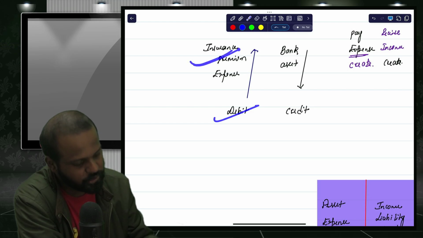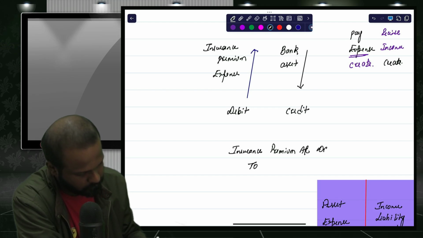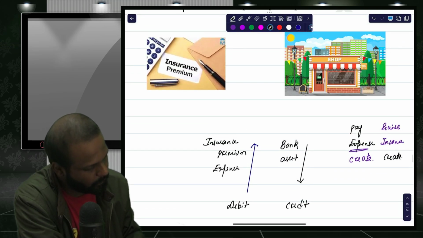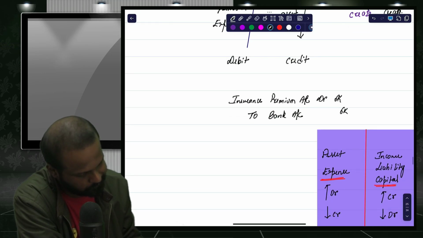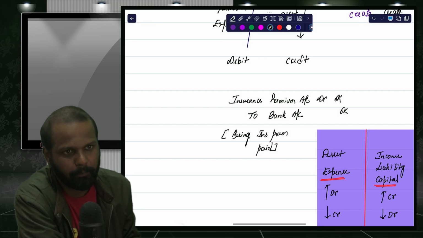So debit will be insurance premium, and credit will be bank account. Insurance premium account debit to bank account. Amount is 6,000. Being insurance premium paid 6,000.